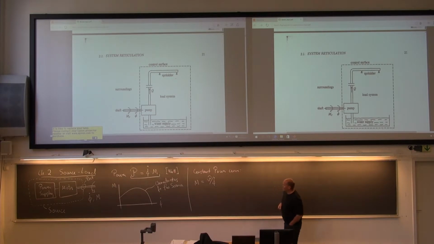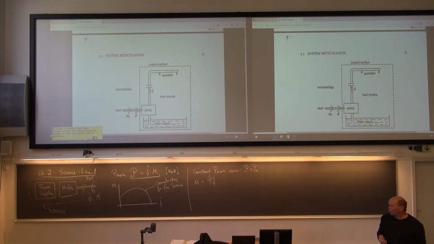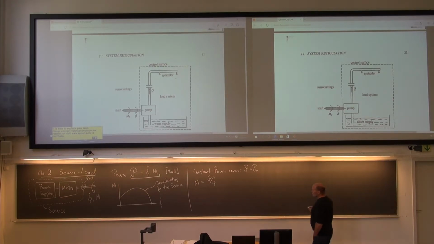That's it. So if we had chosen a certain power, P equals some P0, say 10 watt or whatever, we are focusing on just one amount of power, then you just do it like this.